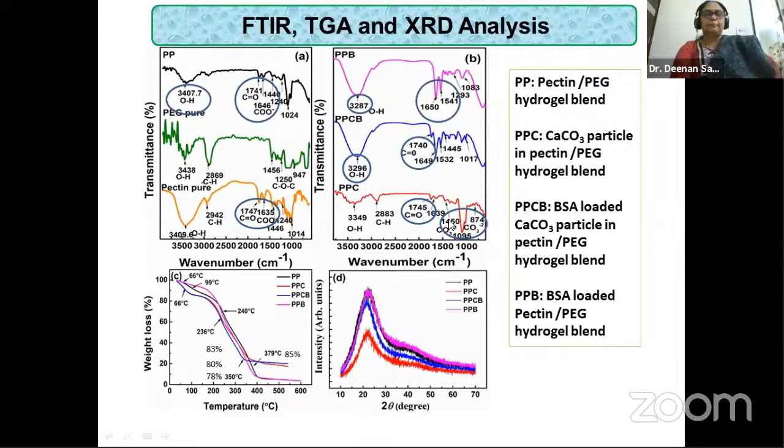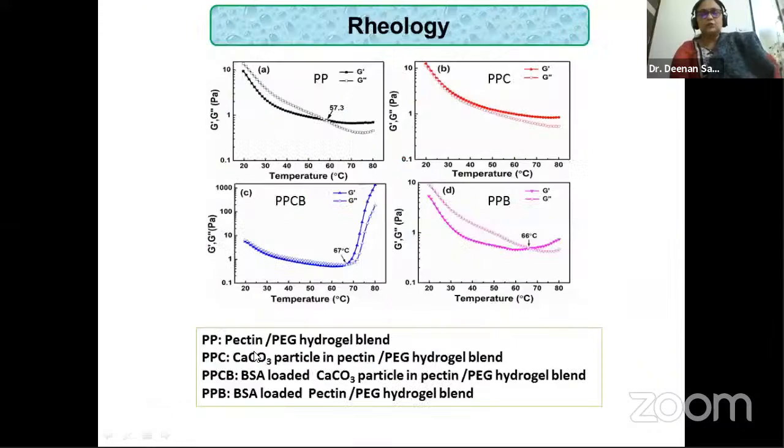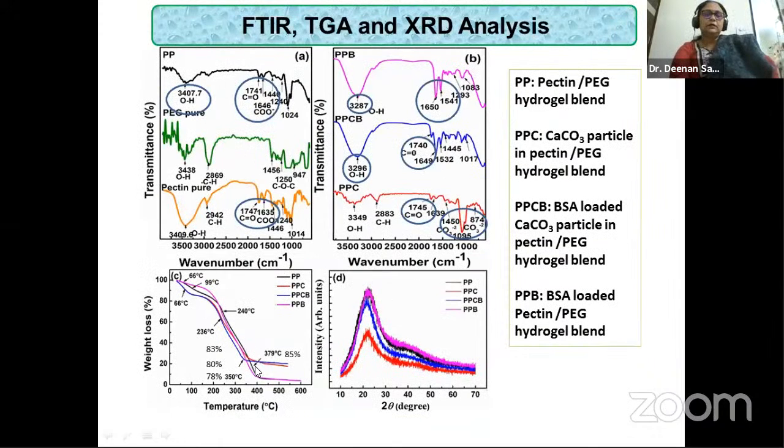Then the weight loss is similar, and the existence of calcium carbonate particles shows up as the residue.